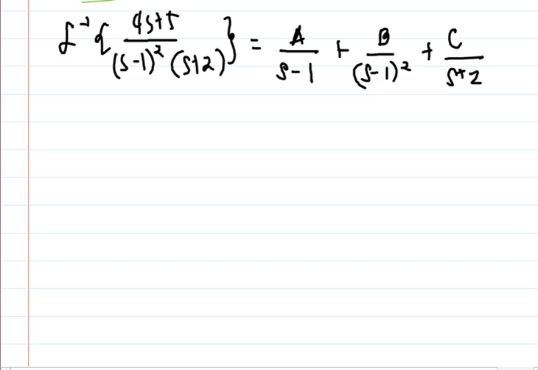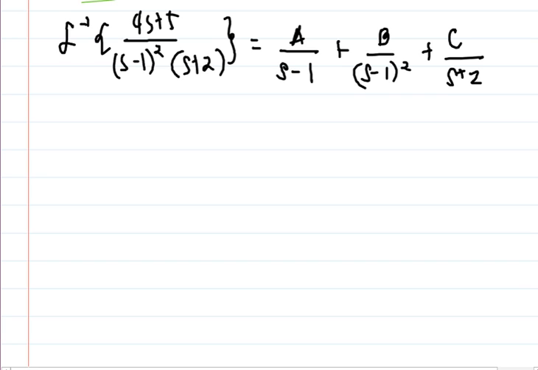For the process, you can choose either the conventional method or the cover-up method, since we have a repeated linear factor and another linear factor. So you can use the cover-up method, but there is a twist in this process.